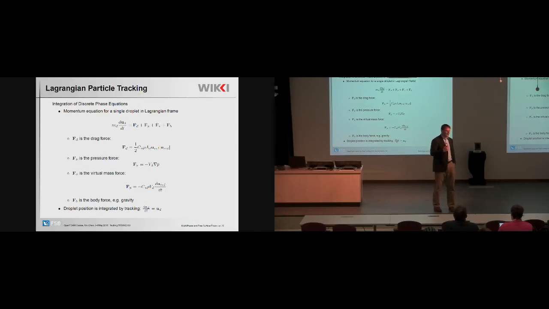In order to deal with situations like that, we introduce a concept of a parcel, where my XYZ point does not represent one particle, but a population of particles with the given diameter distribution, with the given mass, surface area, etc., which can then exchange information with the continuum phase.